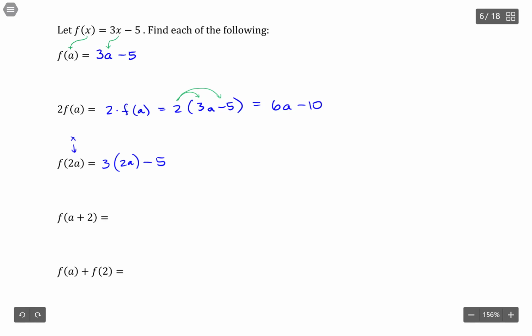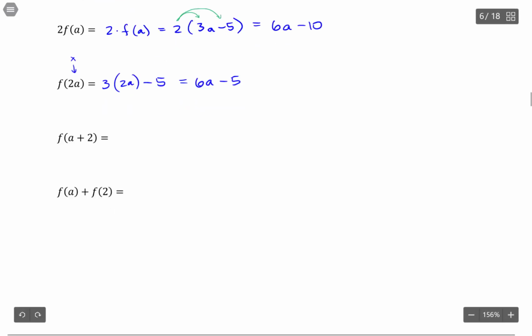It highlights what you're doing, and also if it's a quantity, which sometimes it can be, it illustrates that you have to use the distributive property to simplify. So in this case, 3 times 2a would be 6a, and then we have minus 5. And that's the final answer. That's the function f evaluated at 2a.